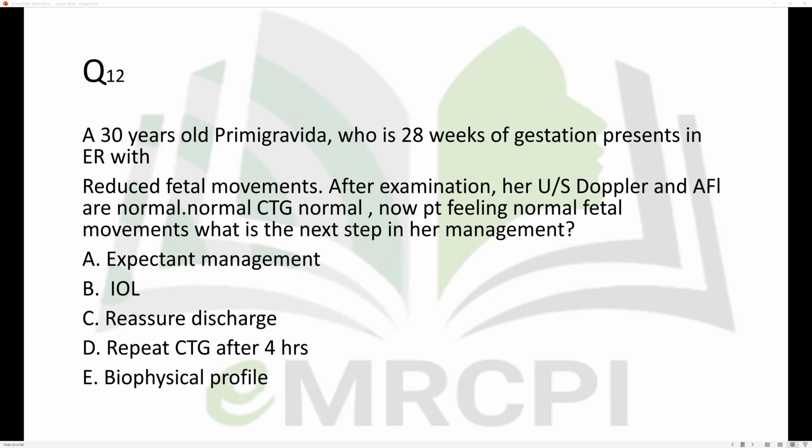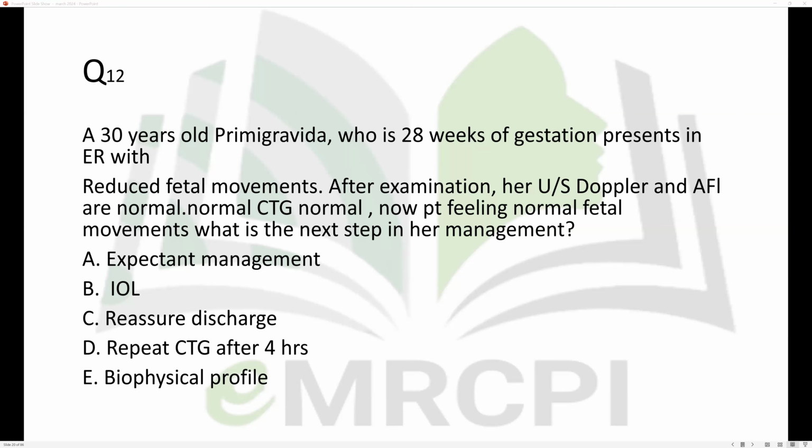Clear, my friends? In the RCOG, by the way, if you are still asking yourself what is the difference between the RCOG and the MRCPI, the MRCOG is more conservative management. I don't do anything in the latent phase unless the patient requests. No intervention before the active first stage of labor, my dear.